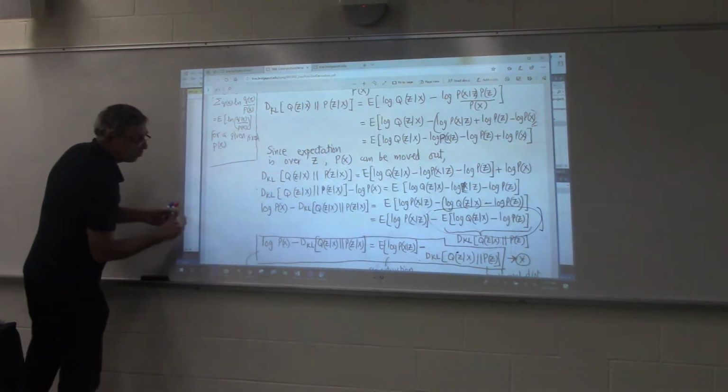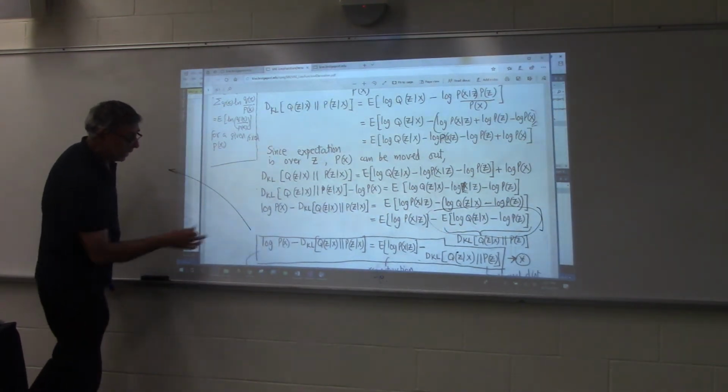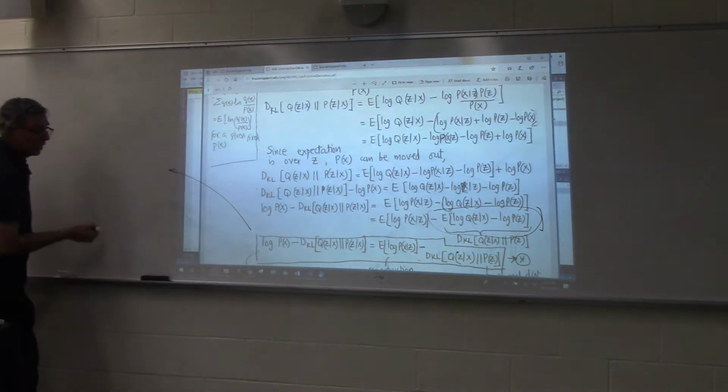So from this equation, suppose I take the log to the other side.